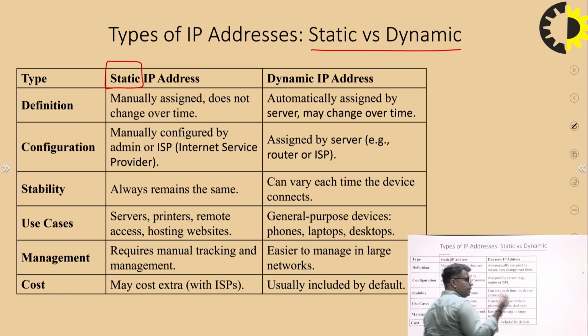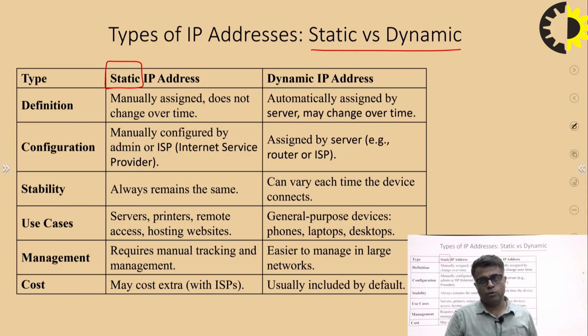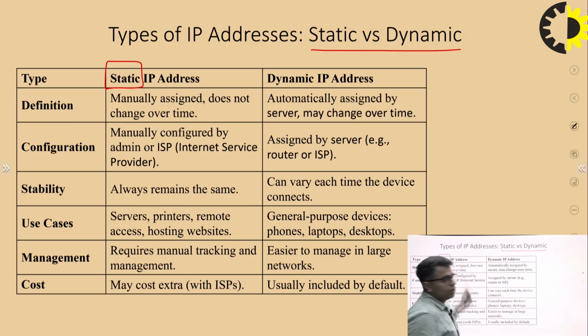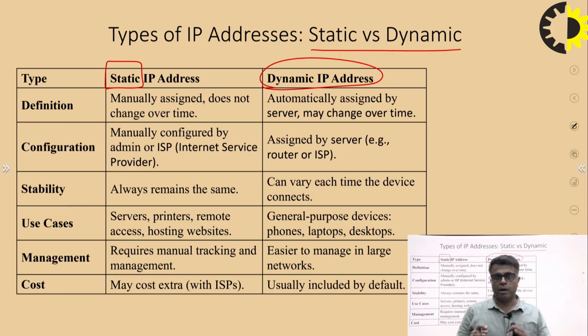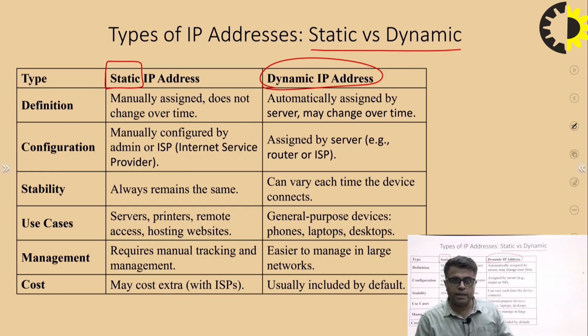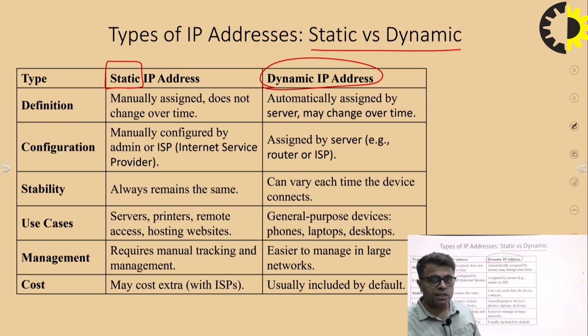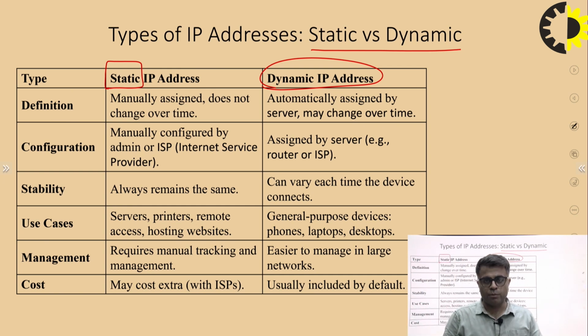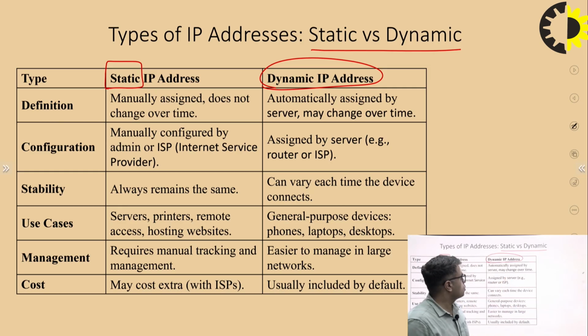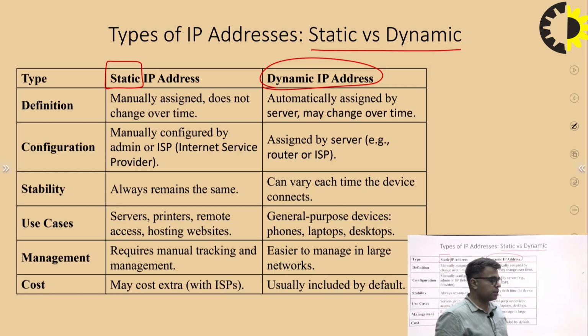And even if you exit the network, turn off your device and reboot your system, then the same IP address will be automatically allocated. But in case of a dynamic IP address, when you are on a network in powered on mode, then you will be provided an IP address by the network. And once you turn off your device and then restart, there is a possibility the IP address assigned to you after rebooting the system will be a different one. So this is dynamic allocation of the IP address. Okay.